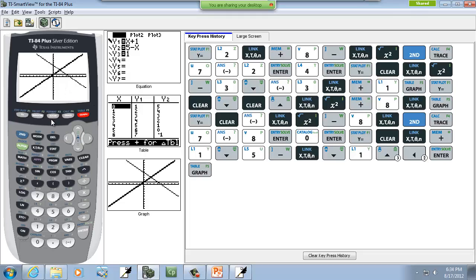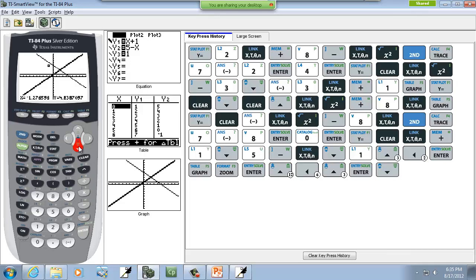Now I'm going to zoom in on that, so I'm going to press zoom, and I'll choose ZBox. Now I'm going to up arrow, put my cursor somewhere, right there maybe. Press enter. And I'll down arrow. I'm trying to put a box around the area that's bounded by these 3 graphs.